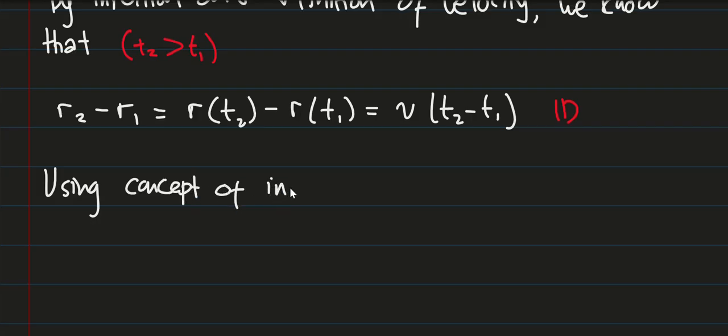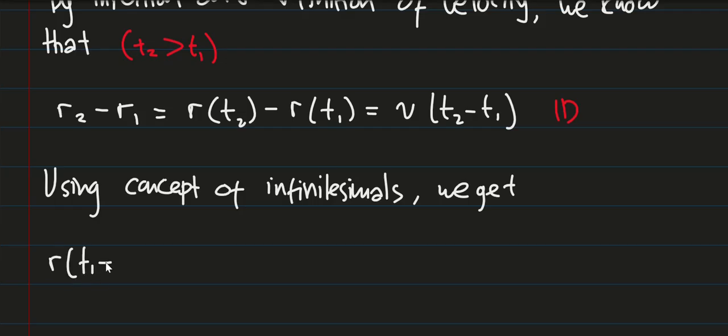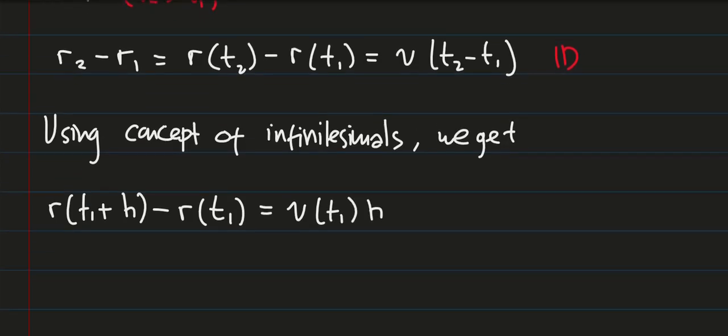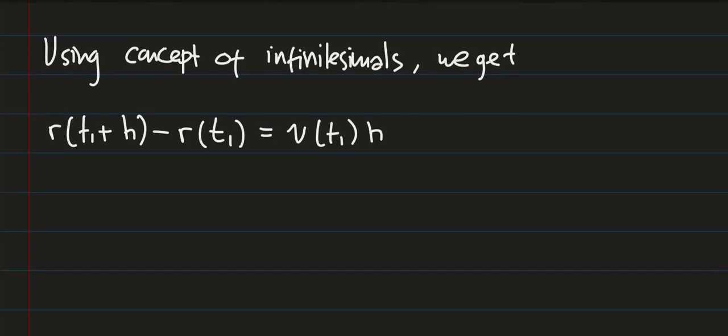Now, for a maybe not constant velocity, and using the concept of infinitesimal, we get that r(t1 plus h) minus r(t1) equals the velocity v(t1) multiplied by h. Using the same concept as before, I choose h approaching zero, which has the same definition as a limit.